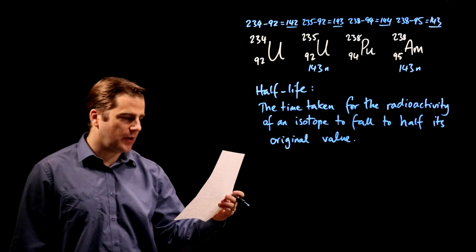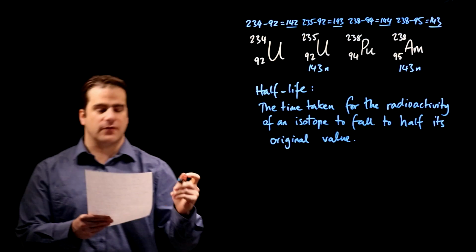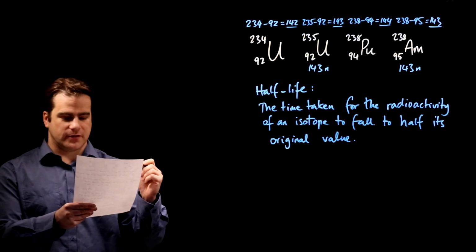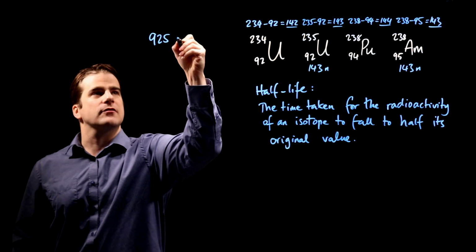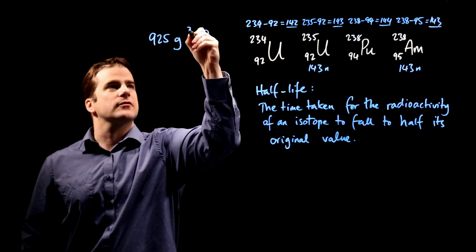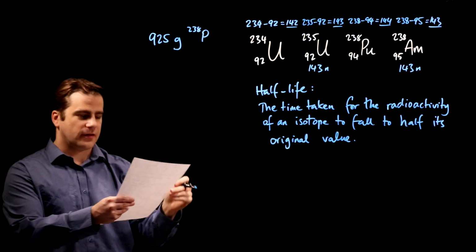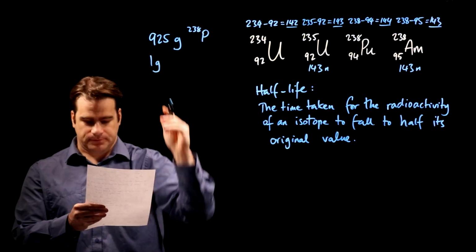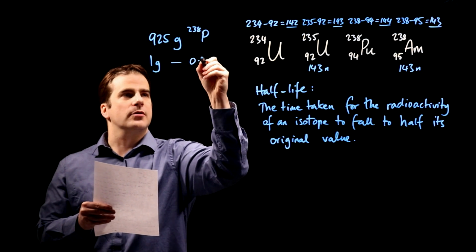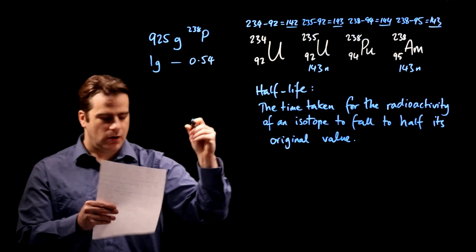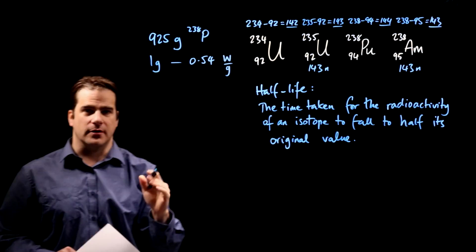Right, part 2. We have 925 grams of plutonium-238. We're told that 1 gram has a power density of 0.54 watts per gram, and I'm writing it that way deliberately.